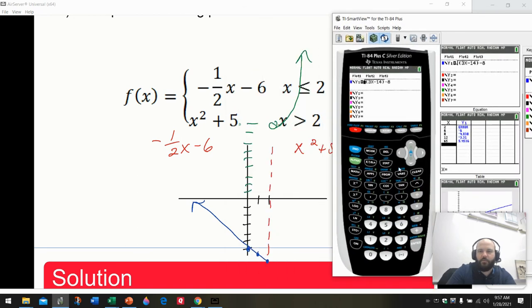You hit y equals, clear out anything that might be in there. You type in your equation, in this case, -1/2x and -6. But here's the key part. This is how you put the restriction in. You need to put a divided by sign, and then you use a set of parentheses, and you write this restriction. In this case, x is less than or equal to 2.